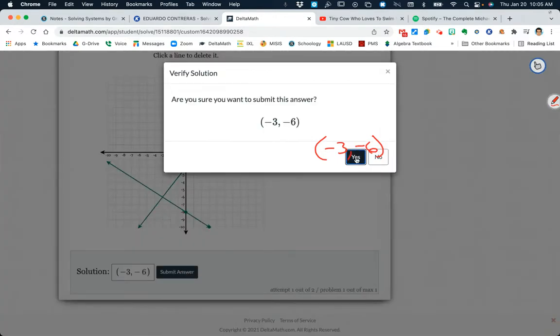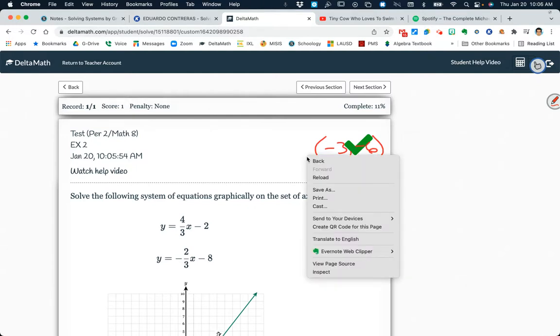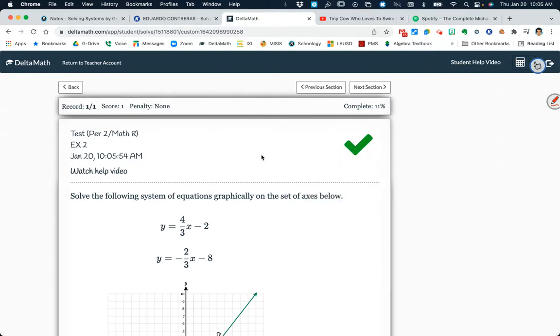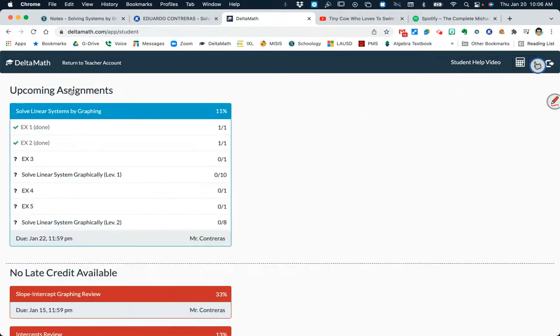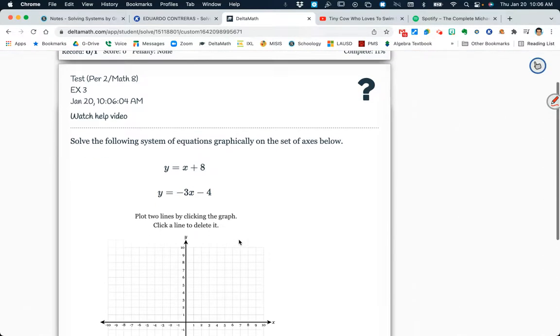Boom. All right. So we've got one more of these, and then the next examples, we will have to rewrite one of the equations. Okay, so here we go. This one, no rewriting though.